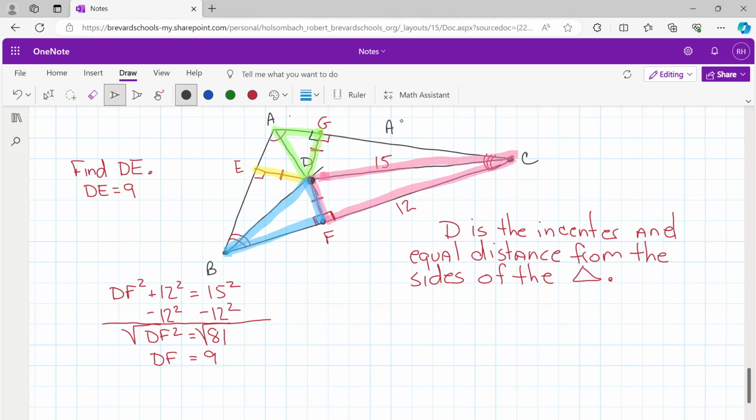So up here, AG squared plus DG squared is equal to AD squared. All right, so looks like you're going to be using some Pythagorean theorem today to find the distance from incenters to the sides of triangles.